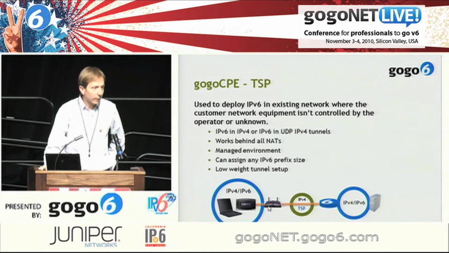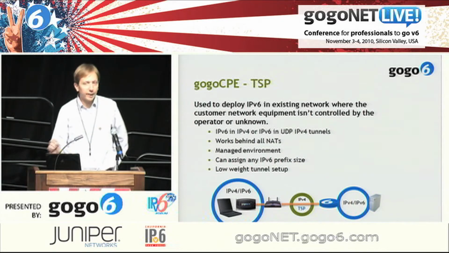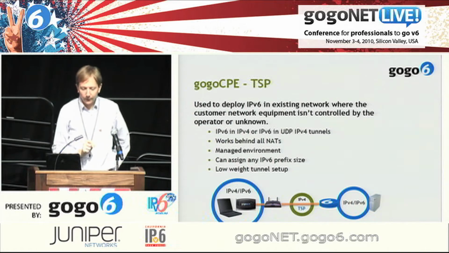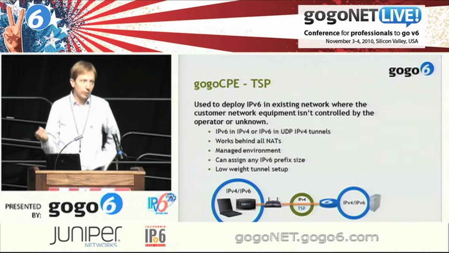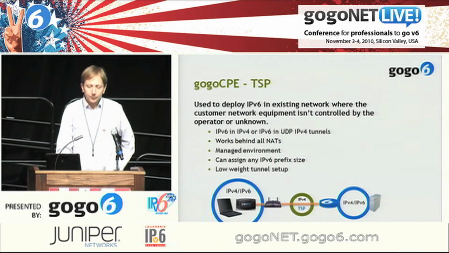You have your home router, and this goes in behind it and becomes your IPv6 home router, and bridges the access network of your operator to their backbone, which is probably today already IPv6. So it's just a matter of getting it from the backbone out to the end user. The benefit with this kind of solution is it works behind that. Many of the migration protocols require a public IP. This doesn't require a public IP, so it simplifies things quite a lot.